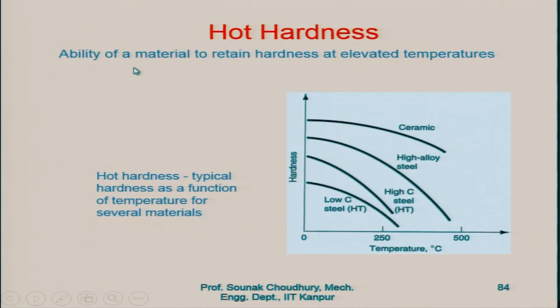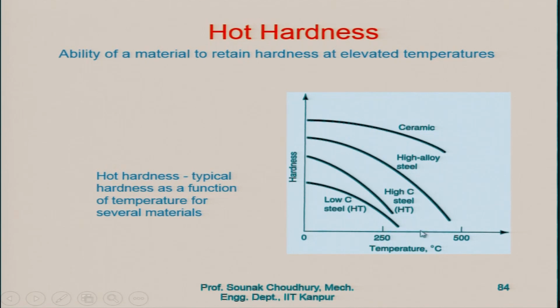Now, hot hardness, ability of material to retain hardness at elevated temperature. I already defined the hot hardness definition. Now, if you take the hardness here at a higher temperature, as you can see, for ceramic this fall is not as rapid as for example, high alloy steel, or low carbon steel.